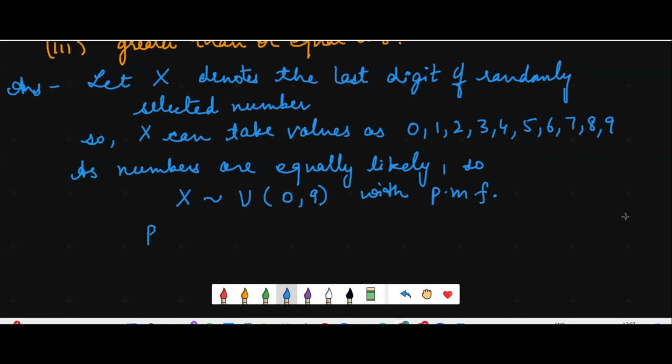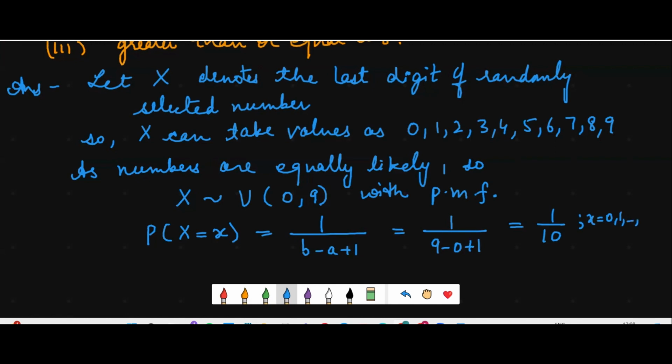So now I'll be writing the PMF of the general uniform distribution. So this would be 1 upon B minus A plus 1. So 1 upon 9 minus 0 plus 1. So that's 1 upon 10, where X is ranging from 0 to 9.